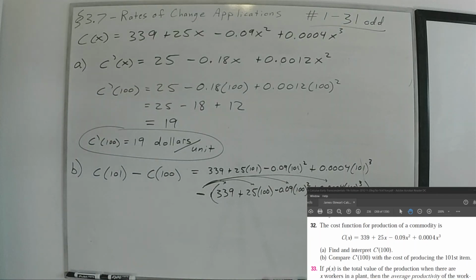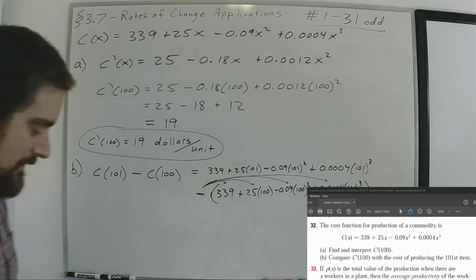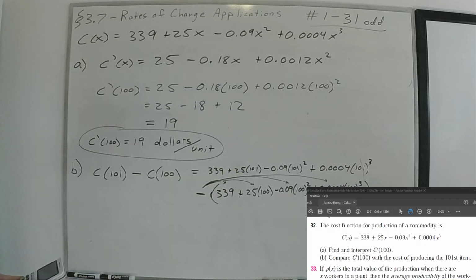So I grabbed my calculator. Again, I was thinking of doing a different problem, but that didn't work out for me. So now we're doing this: 339 plus 25 times 101 minus 0.09 times 101 quantity squared plus 0.0004 times 101 cubed.